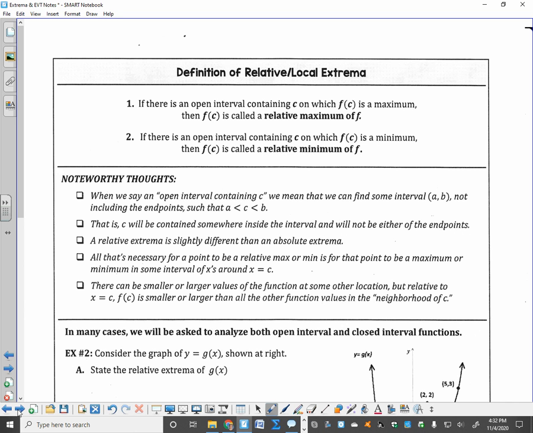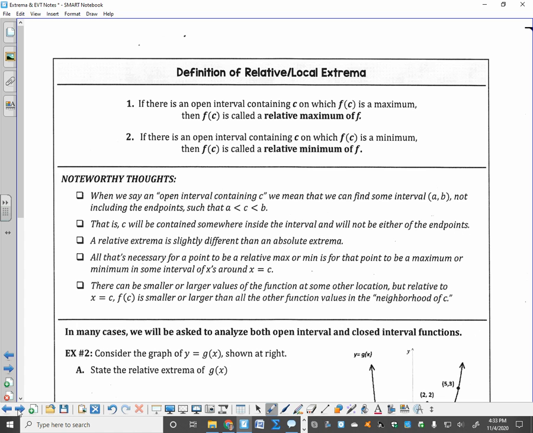So you need to be very fluent in relative max and mins and absolute max and mins. Absolute is the end all be all for the life of that function or for the life of that interval. Relative means I could have more than one, like Pilot Mountain, Sauratown, and Hanging Rock are all relative maxes.